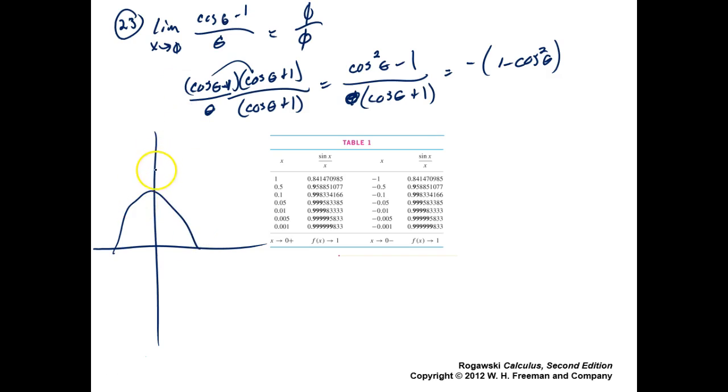So 1 minus this would then be something that looks like this. 1 minus this flips it over, kind of. Okay? Now, theta, that's your identity function here.